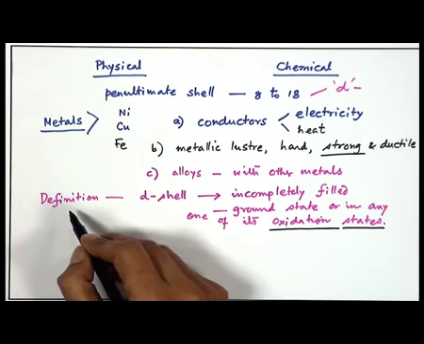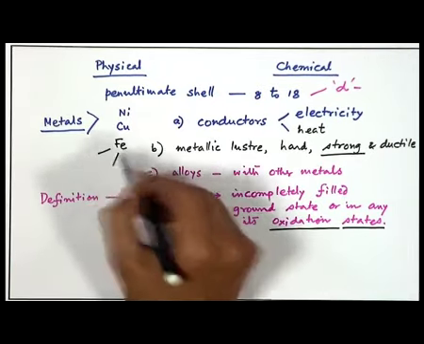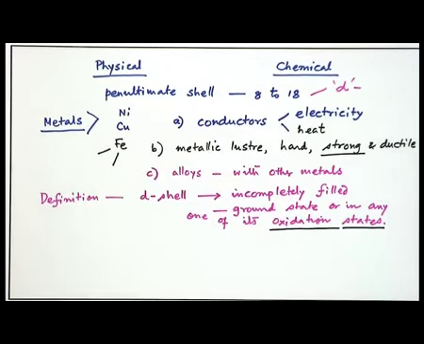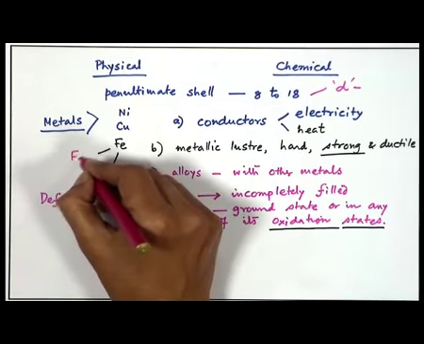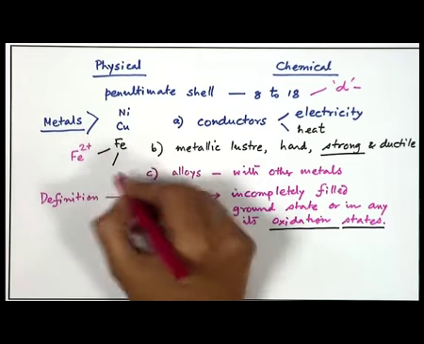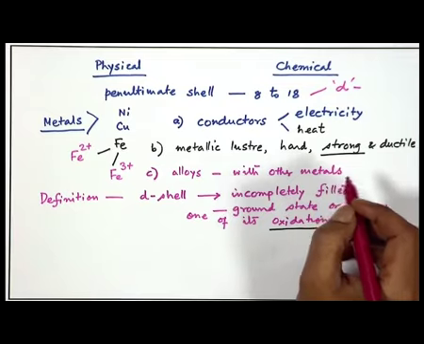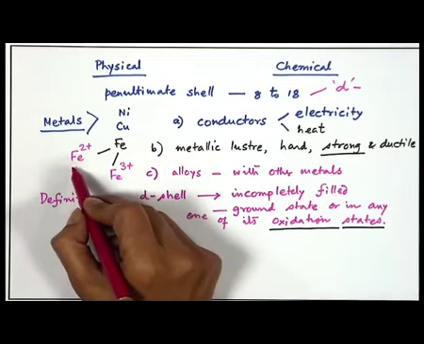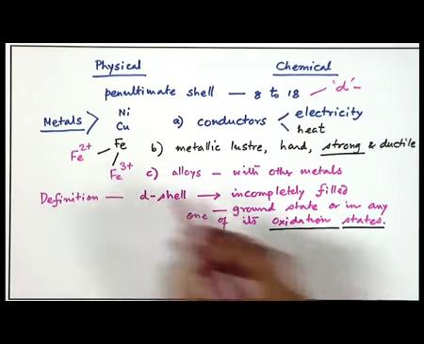whether you are talking about a corresponding element which is a transition element. The most common example we know from early days of our schooling is iron. We know that iron can have 2 plus or iron can have 3 plus. One we know by the common name ferrous ion, another is known as the ferric ion.